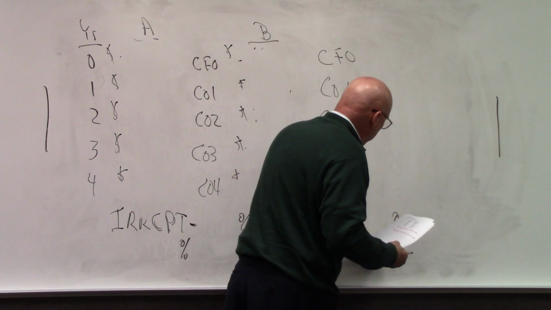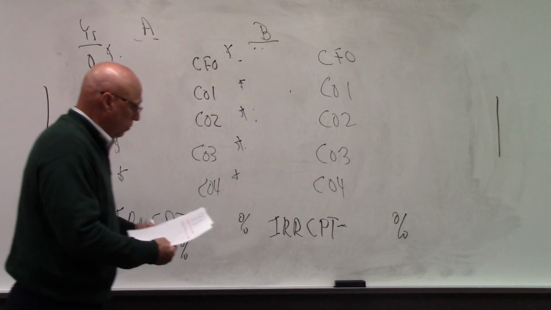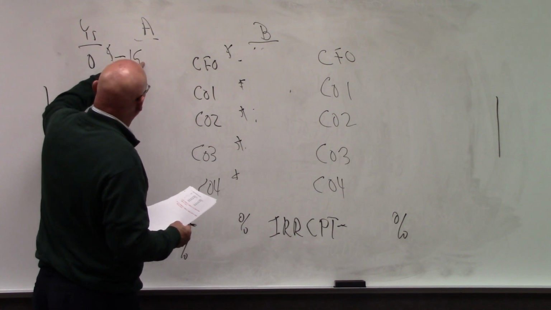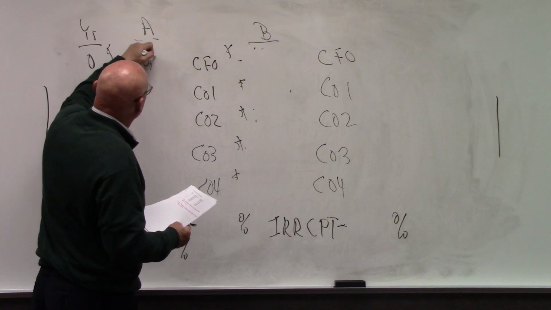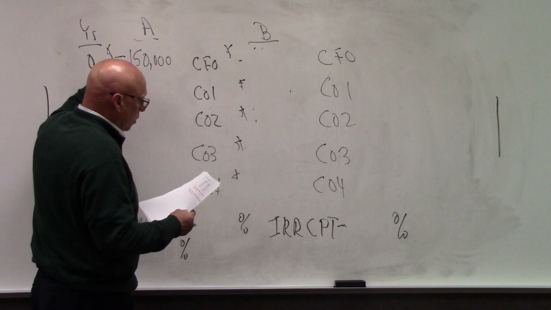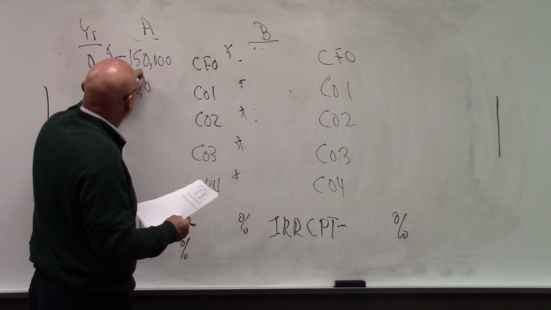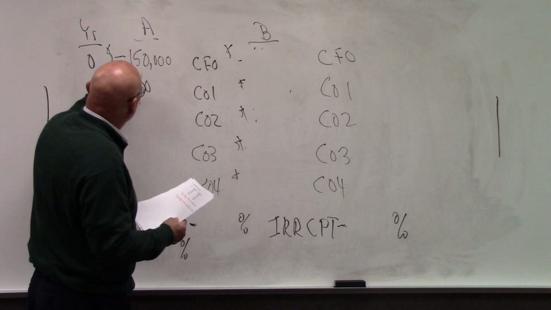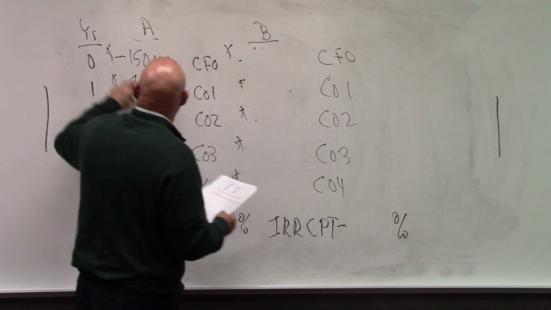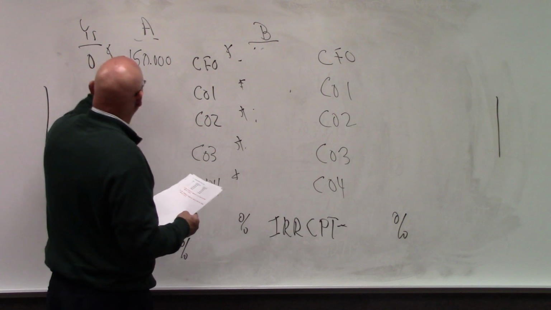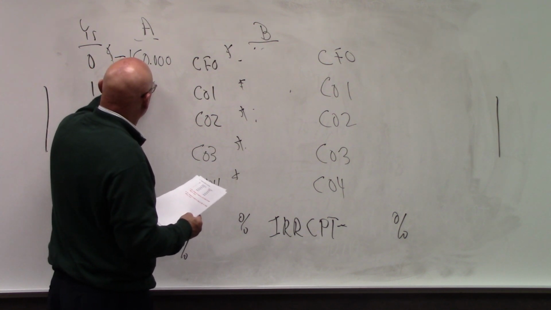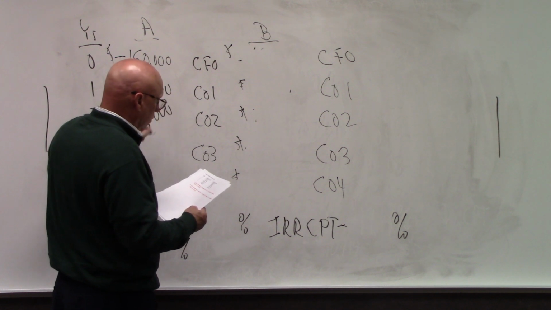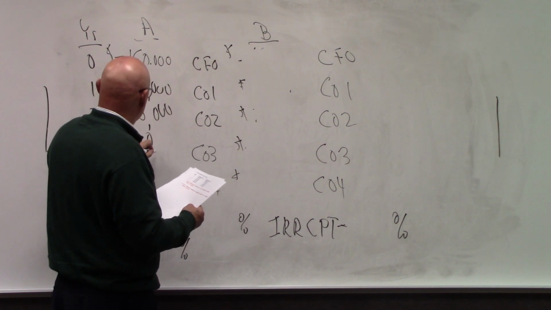All right, while I'm doing this, clear your calculator out. So minus 150,000. And then 80,000. 80,000. 30,000.